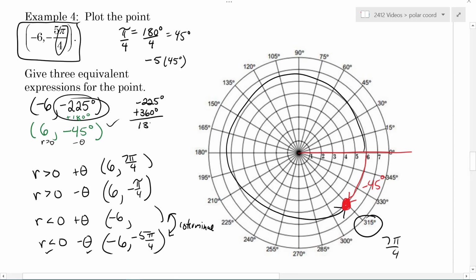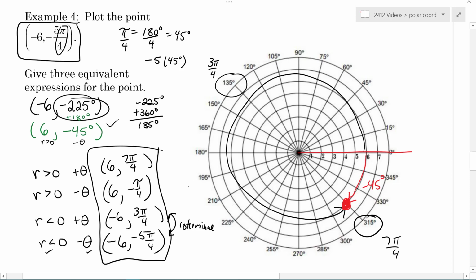Okay, so that gives me a positive 135 degrees. Okay, so that's the angle that I want here. Now, what is 135 degrees in terms of radian measures? So we know from our unit circle that would be 3 pi over 4. Okay, so now we have found all three equivalent expressions to the original polar coordinate that we were given.